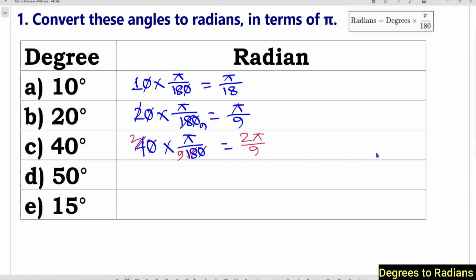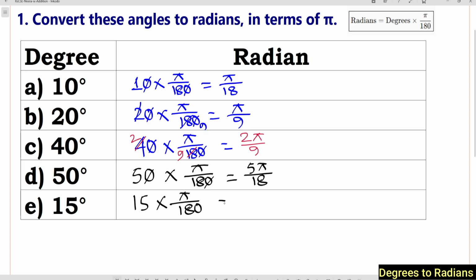Okay, very simple. 50 degrees. We just multiply 50 with pi by 180. Cancel the zeros, so the result will be 5 pi by 18. Number E, here is 15 degrees. So 15 times pi by 180.